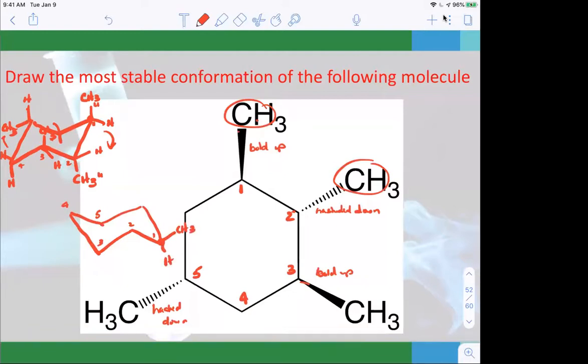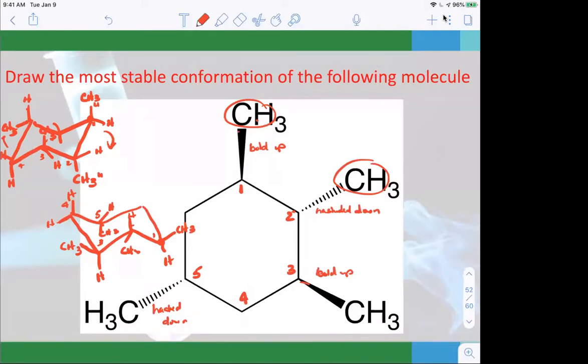This axial is going to come down. On carbon 3, which is here, that axial is going to become equatorial. Carbon 4 has just the hydrogens. And then this methyl group is going to be down axial, and that hydrogen is going to be equatorial up.